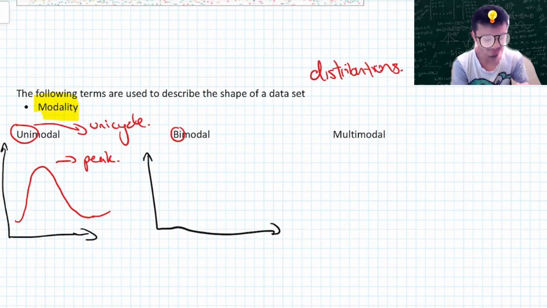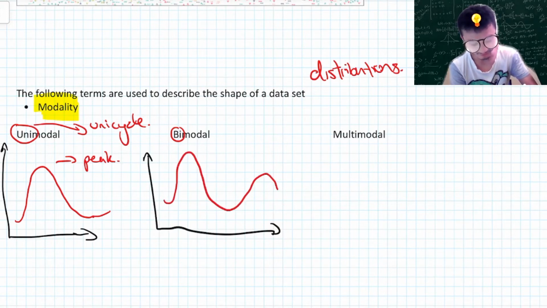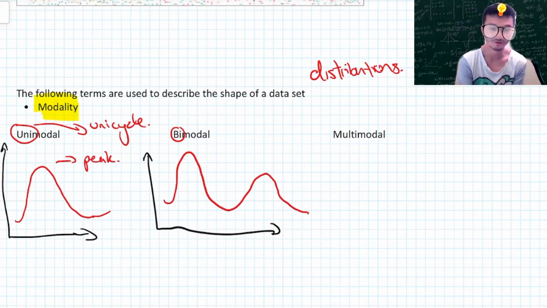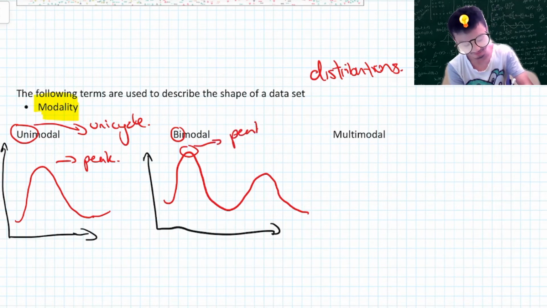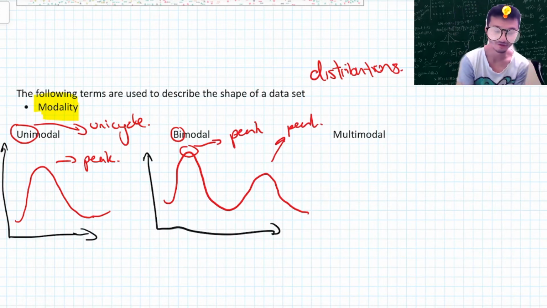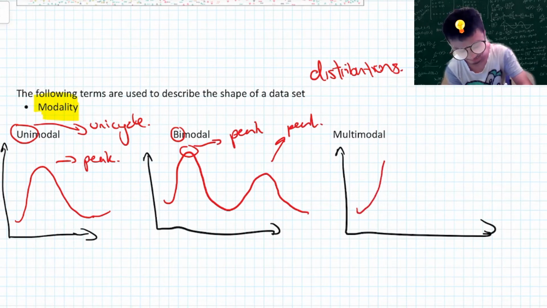When I talk about peaks, I'm not necessarily saying they have to be the same size. I could actually have something that looks like this. This would also be considered a bimodal data set, because there are two peaks occurring. And then, as the name suggests, multimodal is going to be one with many peaks, and that could look something like this.